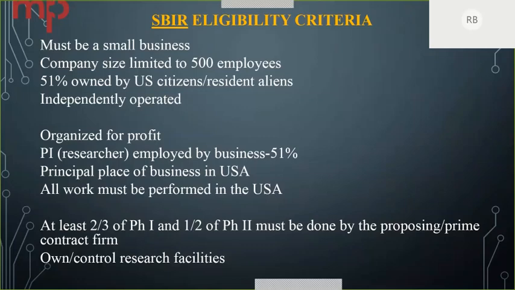A lot of times those principal investigators come from colleges, they come from maybe some other company, but the challenge here is to get them to work 51% of their time with your small company. It doesn't include weekends trying to make up 51% of your time. It has to be 51% employment.